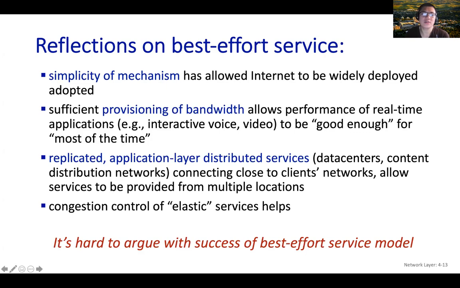You don't need to specify or restrict anything. There are some benefits, and I don't want to go through them in detail, but generally speaking, this helps the internet become widely used and successful because you just provide bandwidth to different applications fairly. You don't prioritize any application or any kind of class.